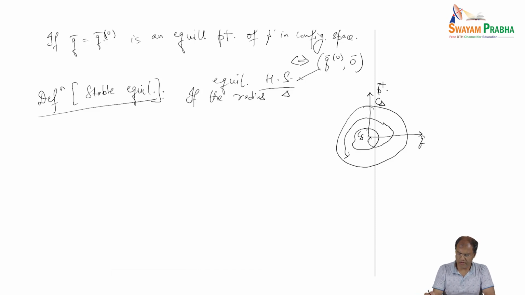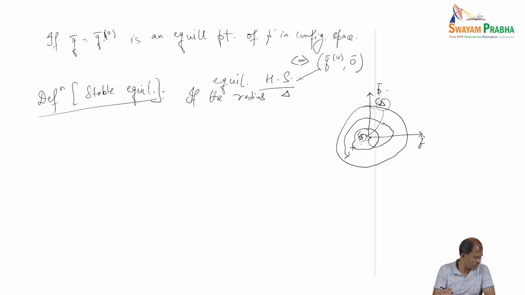The idea of stable equilibrium is that we need to find a radius small delta sufficiently small such that whenever the starting point of any trajectory is inside the region C small delta, the trajectory always remains inside the outer bounded region C capital delta. And this capital delta will depend on the choice of small delta.